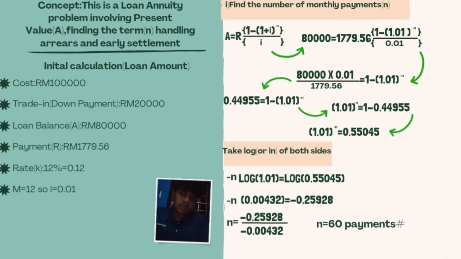So N equals negative 0.25928 divided by negative 0.00432, and in the calculator we get the final answer, N equals 60 payments.